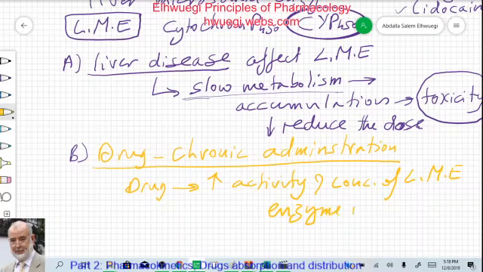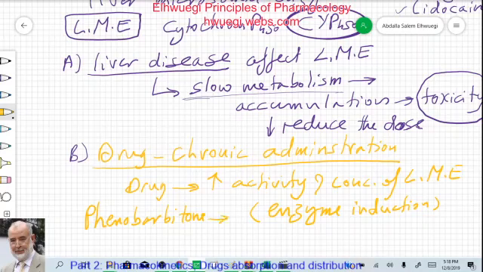A very known process. Like, for example, if I take phenobarbital, any barbiturate actually would do that. Phenobarbital, if I take it for a long period of time, what will happen?